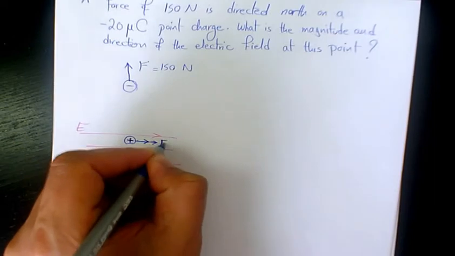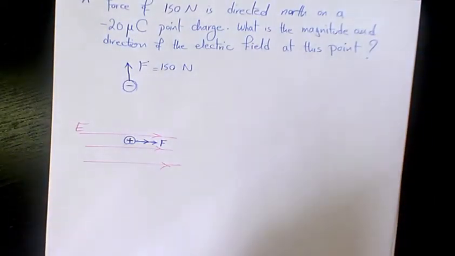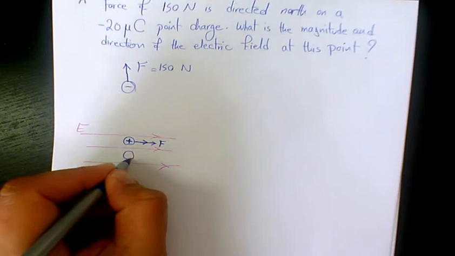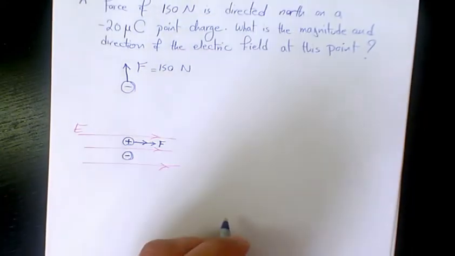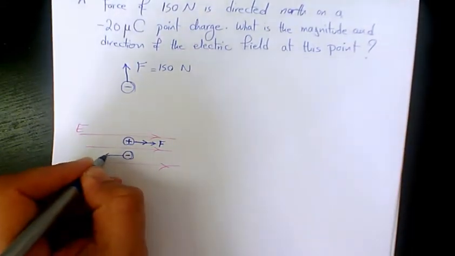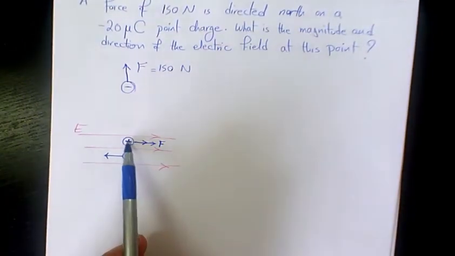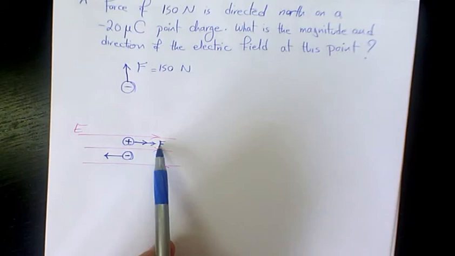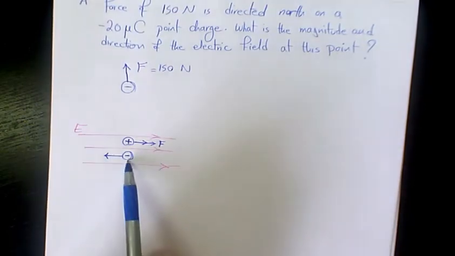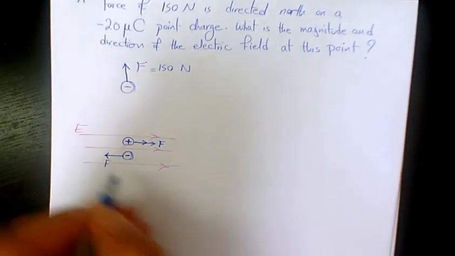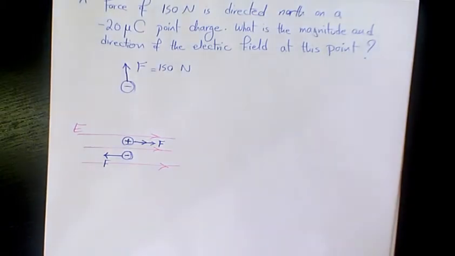So that's going to be the direction of the force. However, if we have a negative charge, the direction of force is going to be backward. So whenever we have a positive charge, it's going to go toward the same direction as the electric field. But if we have a negative charge, it's going to go exactly the opposite way.